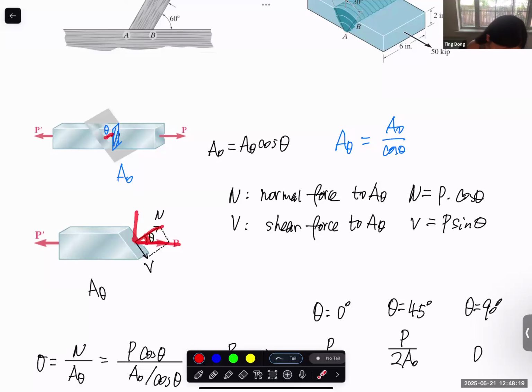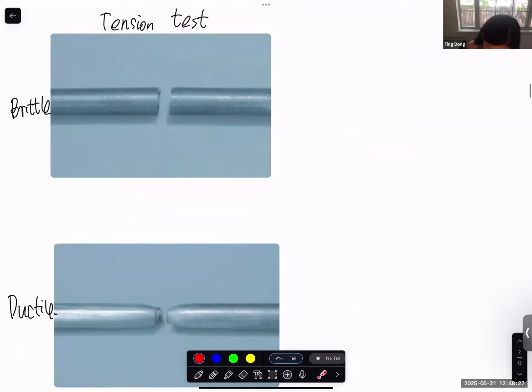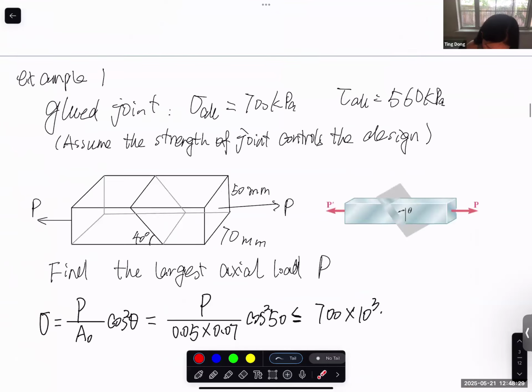Because if you draw, let's say this is the y direction, these two angles should be the same. So now, if you want to use the equation we derived in class, this is 40. What is the theta? We should use 50. Right? Does this make sense or not?